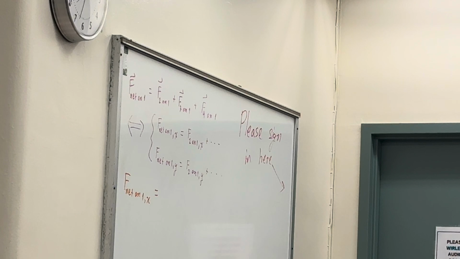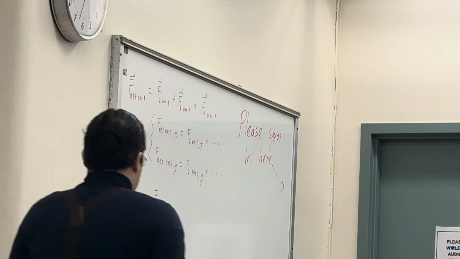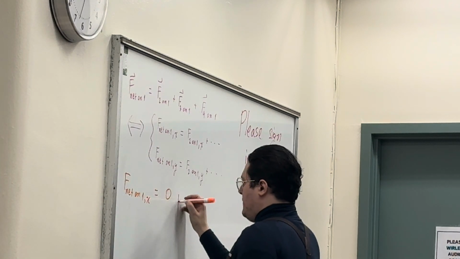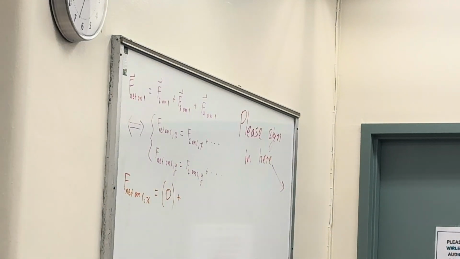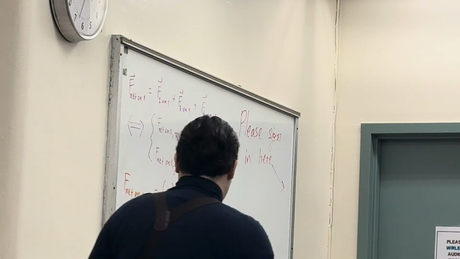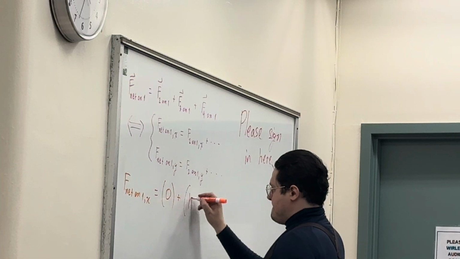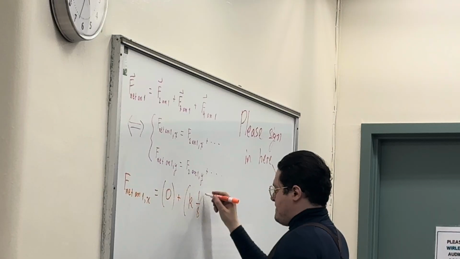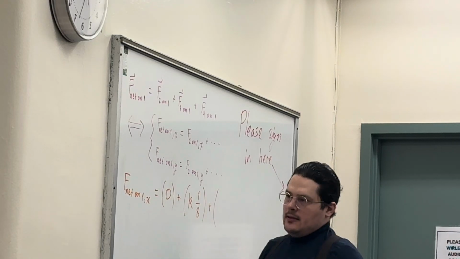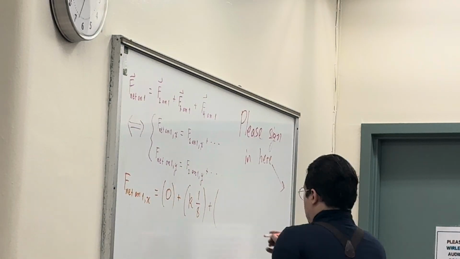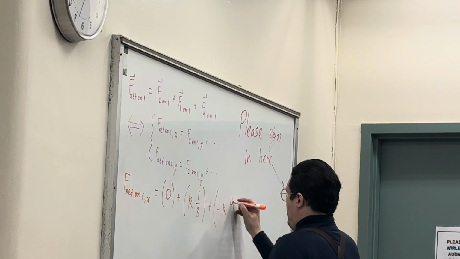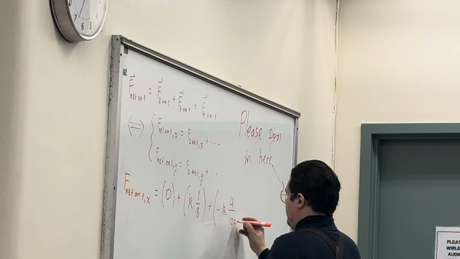All right, 0 plus, let me put them in parentheses too, just so it's clear, plus k times 1/8 plus negative k 4 over 125. All right, just write it that way. Negative k 4 over 125.